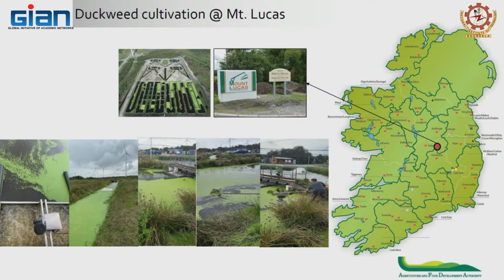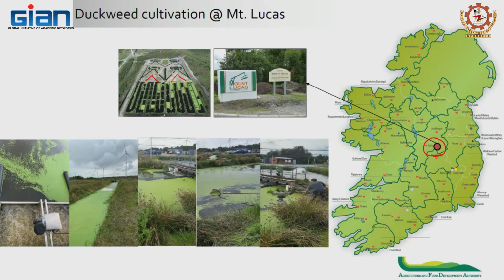As I was mentioning the other day, this is how we are cultivating at a larger scale. These are all demonstration sites. This is Mount Lucas in the center of the country, and as you can see, this is flowing water. This is not a small land, it is a couple of hectares. There is flowing water with fish in different places.